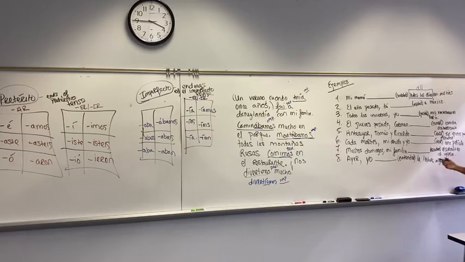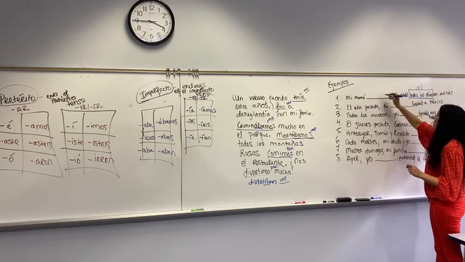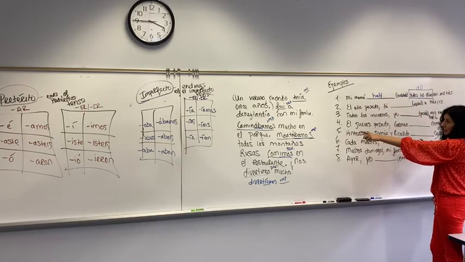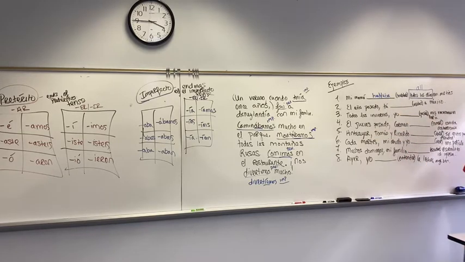And so I would have to use the imperfect. So I would take off the AR, write the root, and use an imperfect ending, which is "aba," right? "Mi mamá hablaba todos los días con mis tías." I'm saying that was a habitual action. I know it's a habitual action because I have "todos los días" right here.